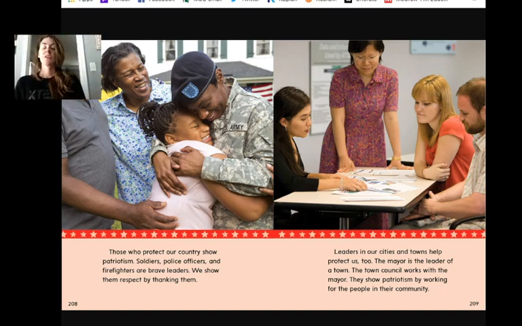All right. So after reading, what do we have there? Do we have any people that are showing patriotism? I think there's quite a few listed there. Can you tell me what they are? Go back in that text. Okay, look at this first paragraph, underneath the little girl that's hugging.